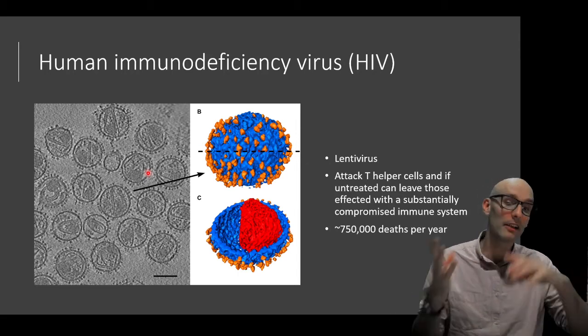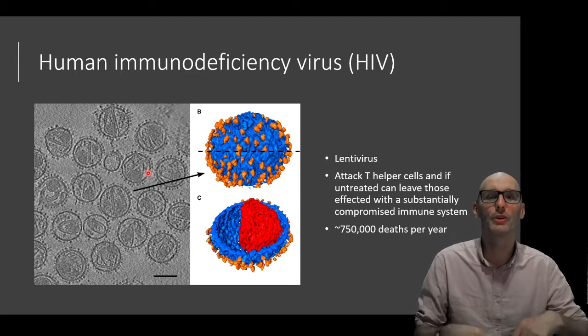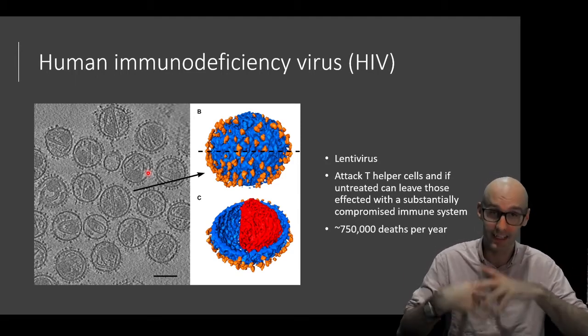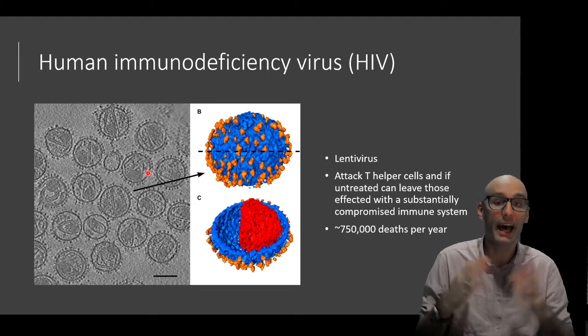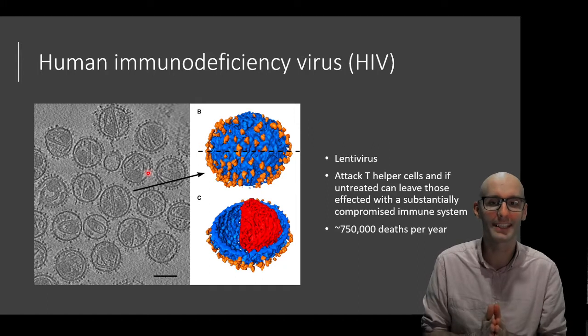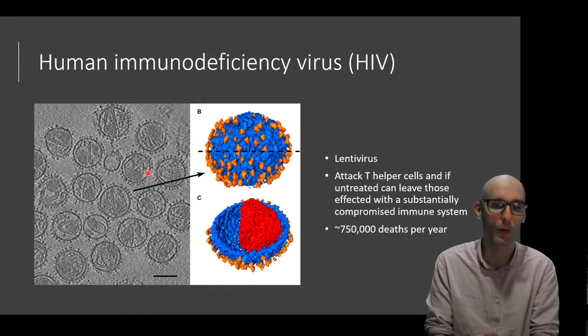Now, unlike SARS-CoV-2, which binds to ACE2, and ACE2 is expressed all throughout our body, so SARS-CoV-2 typically gets all throughout our body, the HIV is much more specific, and it seems to target just a subset of T cells, and that's the T helper cell.